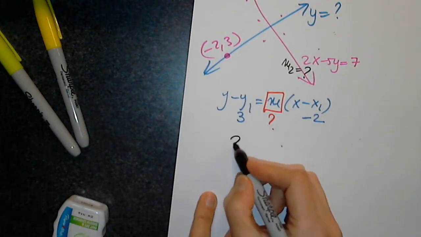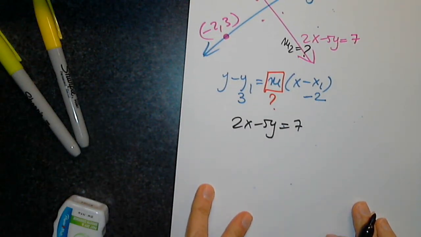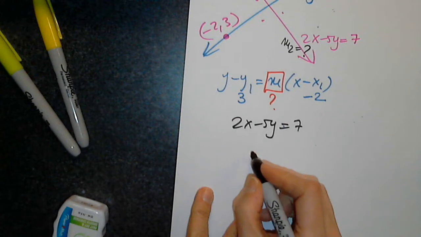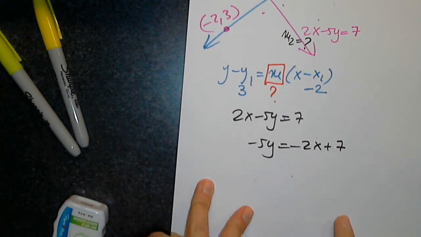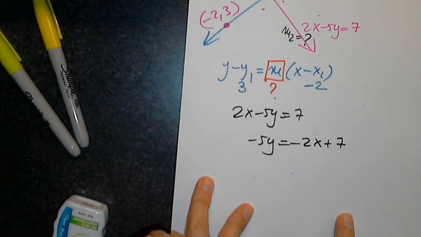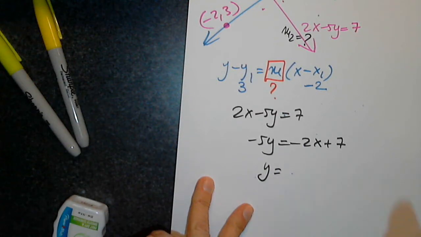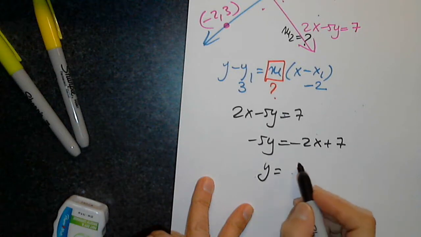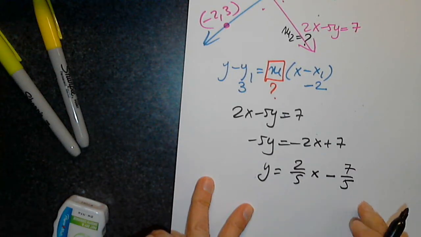So I have 2x minus 5y equals 7. I move what where? 2x minus 7. Yes, negative 2x plus 7. And then I divide term by term by negative 5. This divided by negative 5 is y. Negative 2 divided by negative 5. Very good. Minus 7 over 5.